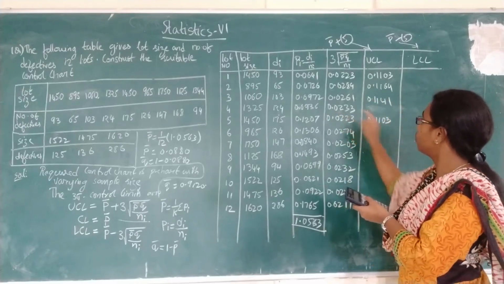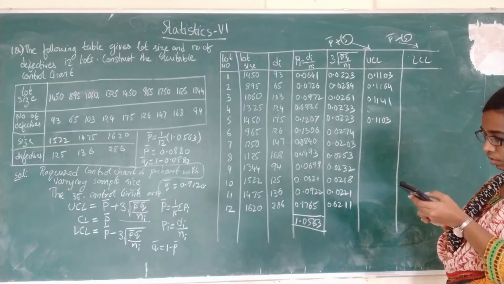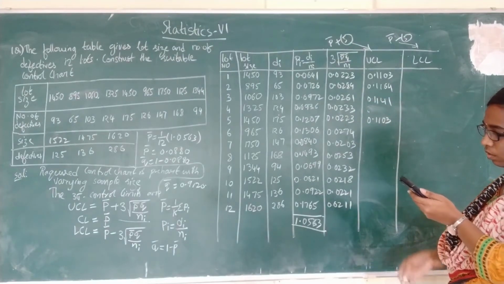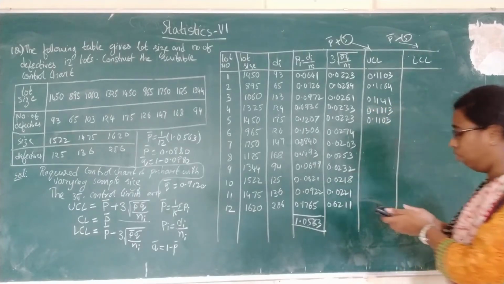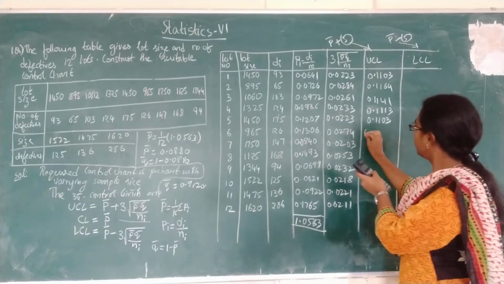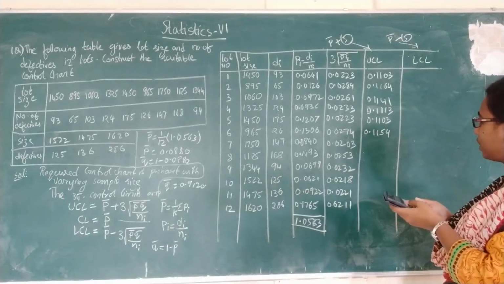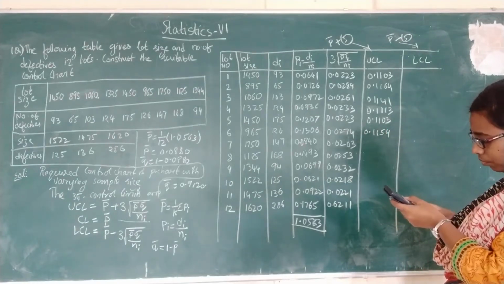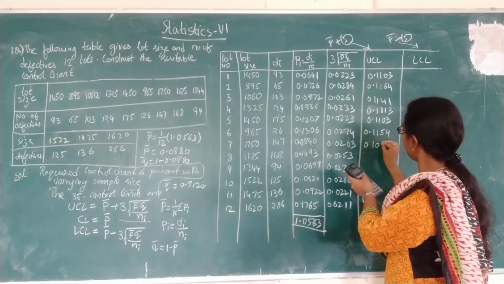Next is this value 0.0233 again, 0.1113, and the next one is 0.0274. You will get 0.1154, and next 0.0203, giving 0.1083.